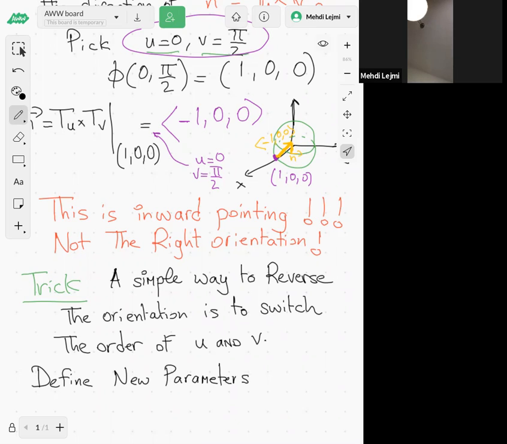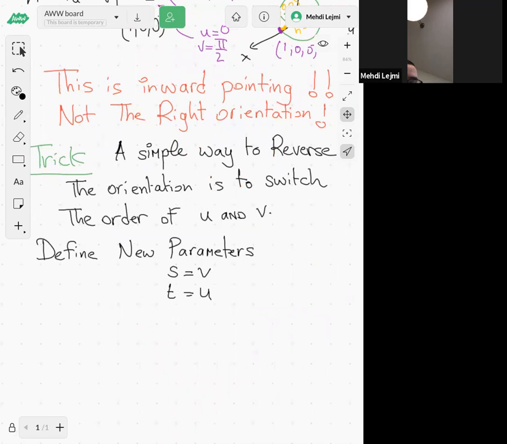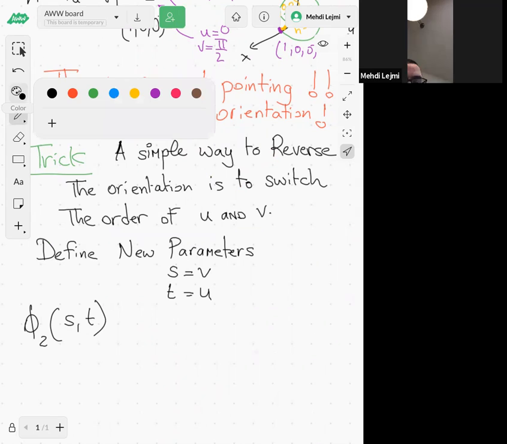Okay, let's start with s. So s is equal to v, and t is equal to u. And so now I have a new parameterization, let's say phi 2, of s and t. You see, guys, here what I mean by I change the order of the parameters.